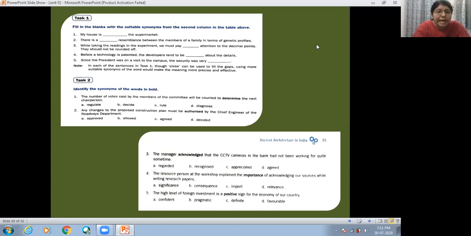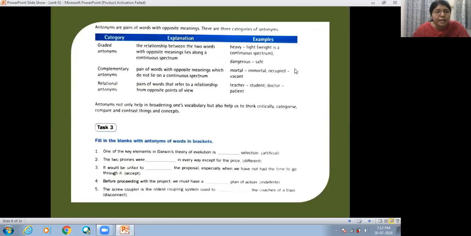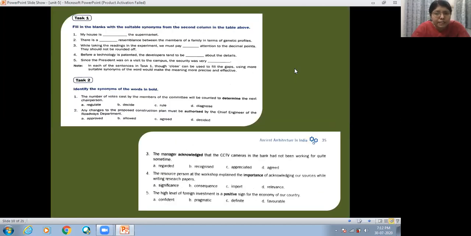There is a dash resemblance between the members of a family in terms of genetic profile. So which word do you use? There is a strong resemblance between the members of a family in terms of genetic profiles. Next, while taking the readings in the experiment, we must pay close attention or careful attention to the decimal points.